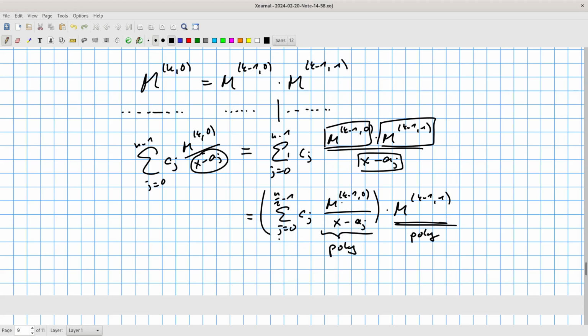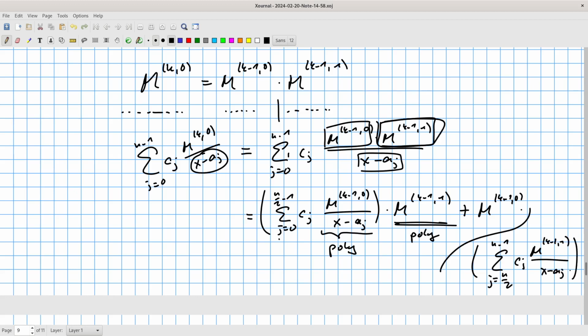So this is the first half, and for the second half I can do the same. I can take out this factor here, get m_{k-1,0} times, and what remains is the sum j from n/2 to n minus 1 c_j times the product of the second half of the polynomials divided by x minus a_j.